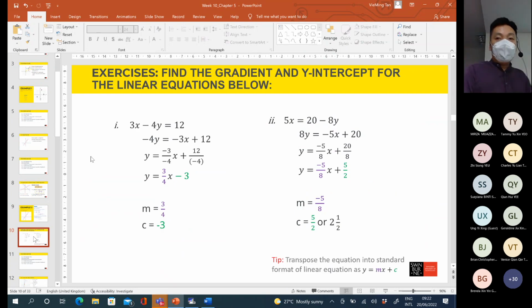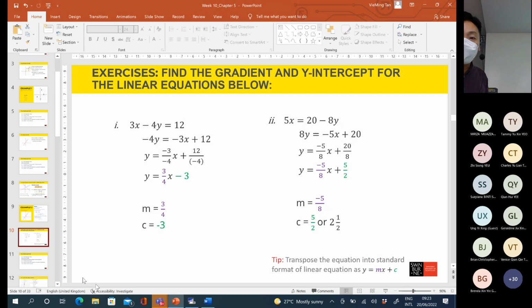Okay, the next exercise is also about learning how to identify the m and the c value based on the linear equation given. So in order to calculate the m and also the c of the linear equation, at first we need to transpose the formula to make this linear equation a standard form, which is y equals mx plus c.